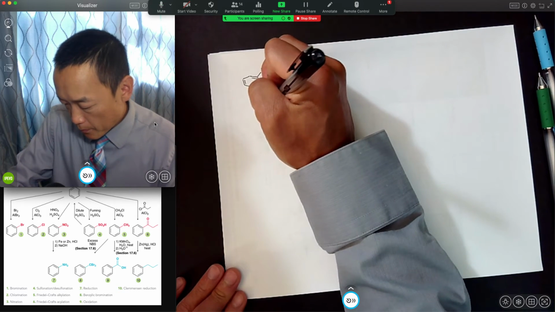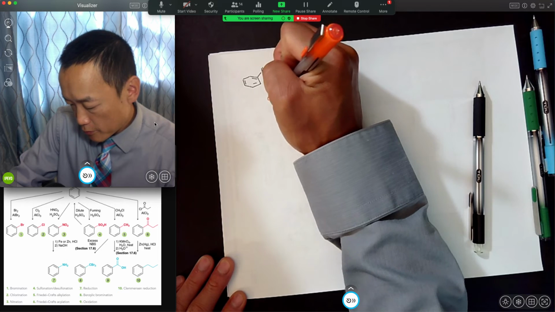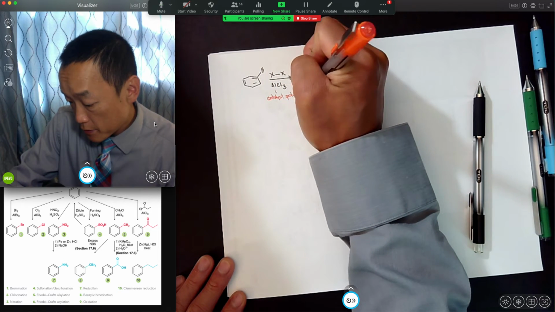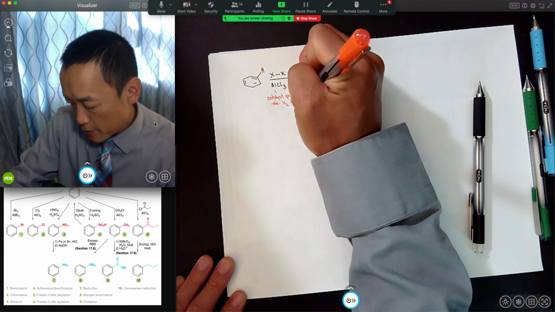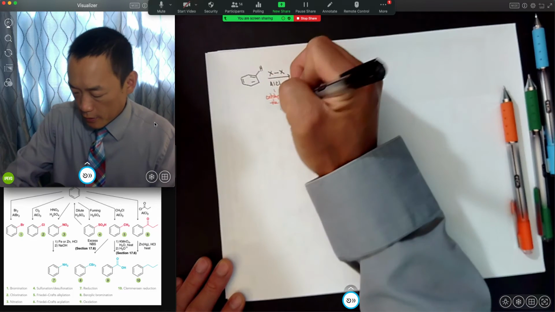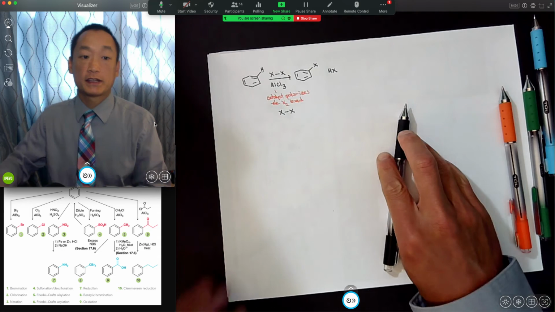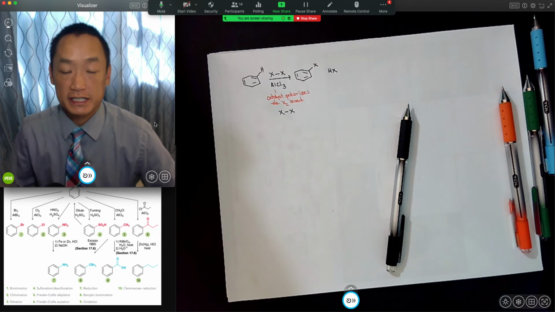AlCl3 catalyst, and it polarizes the X2 bond. We've made the case that the bond between these two halogen atoms is not static. It is absolutely dynamic.